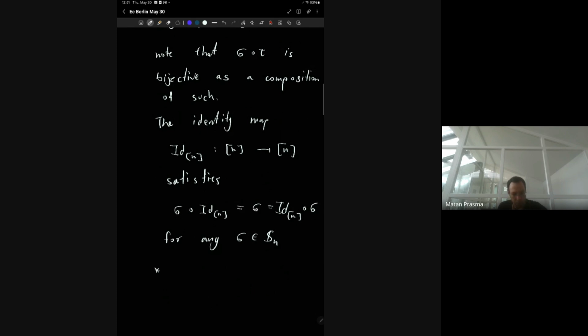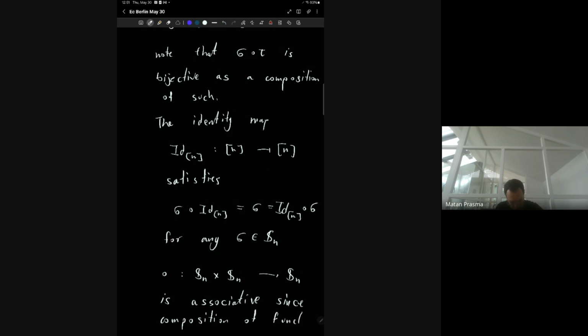Star, or rather circle, is associative since a composition of functions is associative.